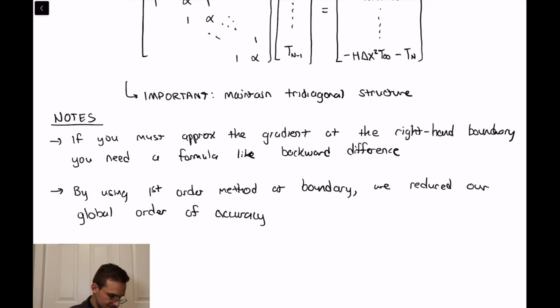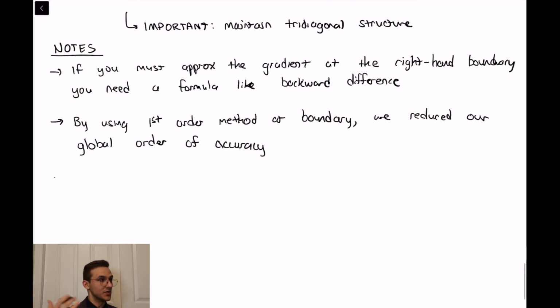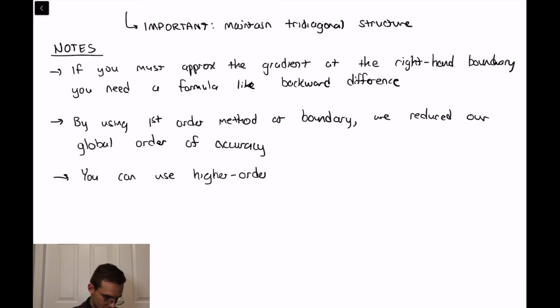And so if we want to, we can use forward or backward difference schemes that are of higher order of accuracy. I'll give you a couple of examples. So you can use higher order schemes at the boundary if desired.